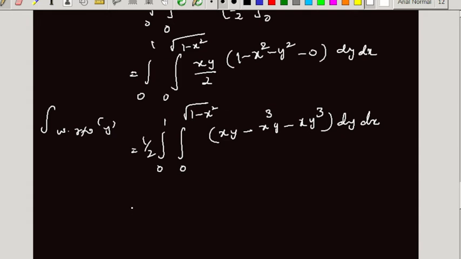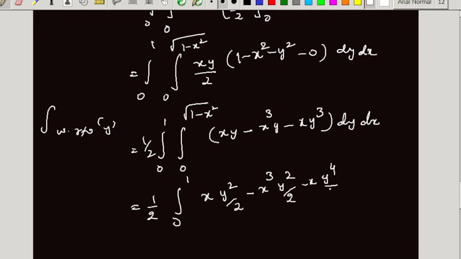Now if we integrate this one, x into, we are integrating with respect to y, so y becomes y square by 2, minus x power 3 into y, which is y square by 2, minus x into y power 3, which is y power 4 divided by 4, for the limit 0 to square root of 1 minus x square.